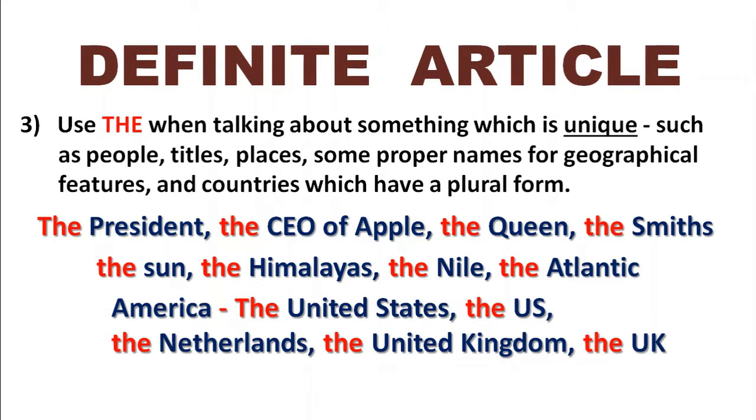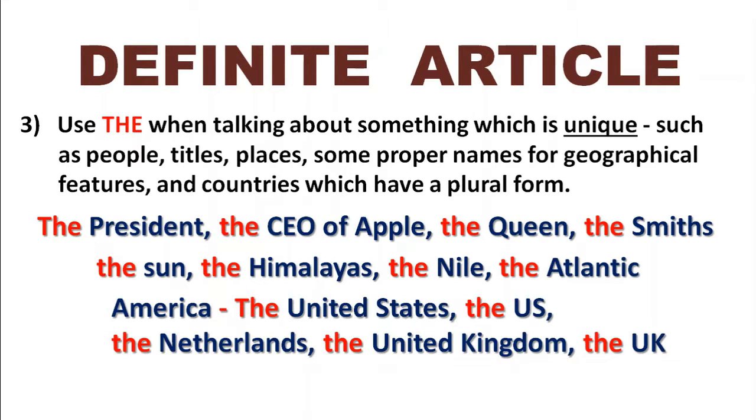But if you say, I'm going to the United States of America, you have to use the definite article because United States is a plural form. So you might say, I'm going to the United States of America, or I'm going to the United States, or I'm going to the US. We can use America on its own, but when we use the United States or the US, we always use the definite article because it's a plural form.